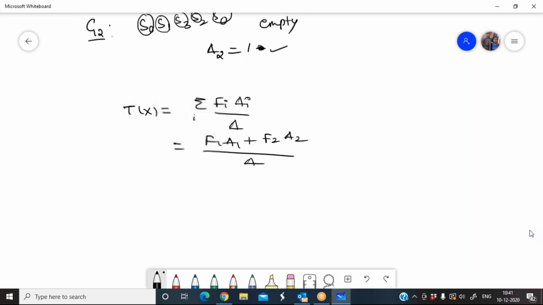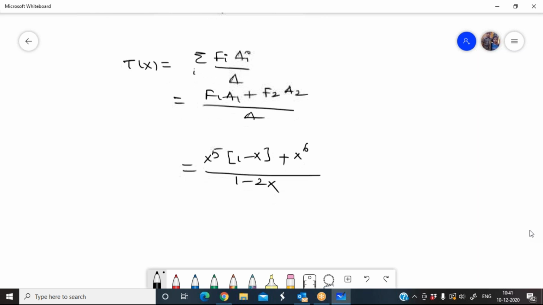What is F1 again? F1 equals x^5, and this is 1 minus x, plus F2 is x^6 into 1, divided by delta. What is delta? 1 minus 2x.